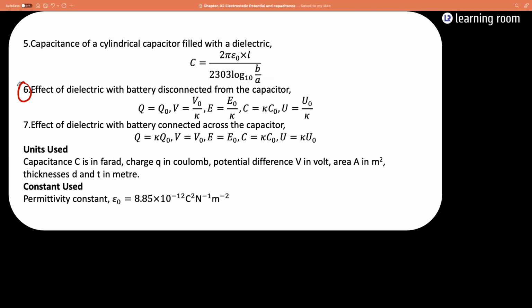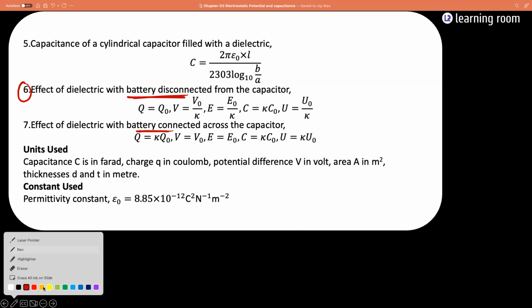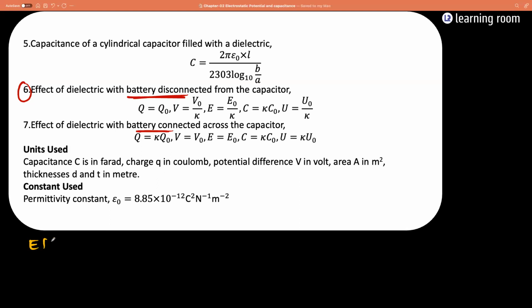So there is a concept called the effect of dielectric between the plates of a capacitor when the battery is disconnected and when the battery is connected. So what is the topic? Effect of dielectric when the battery is disconnected and when the battery is connected.